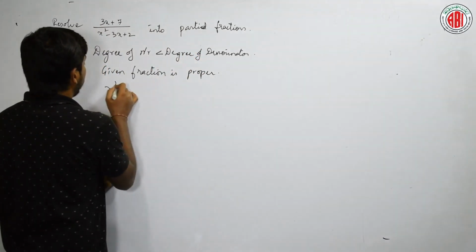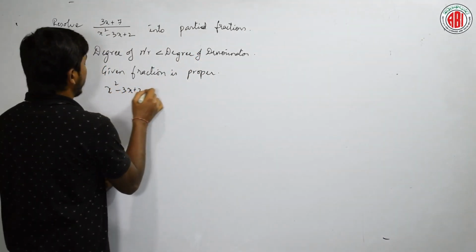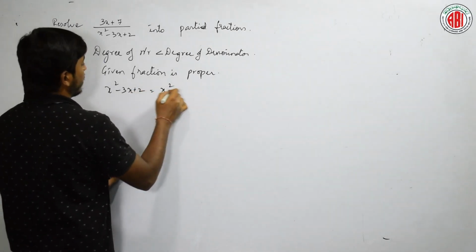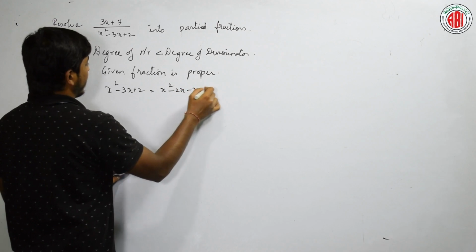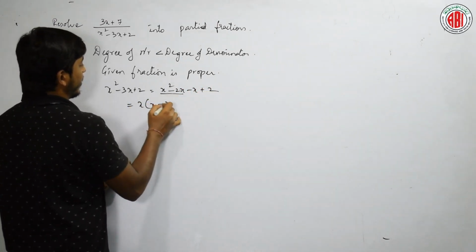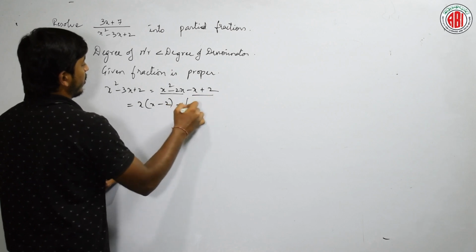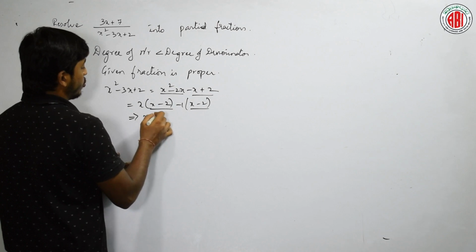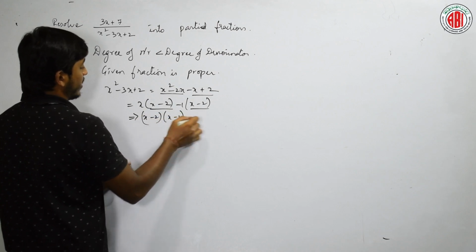X square minus 3x plus 2 can be written using factors of 2, 2 ones are 2: minus 2x minus x plus 2. That is, if I take x as common, I will get x minus 2. If I take 1 common, I will get x minus 2. If I take x minus 2 common, I will be left with x minus 1.